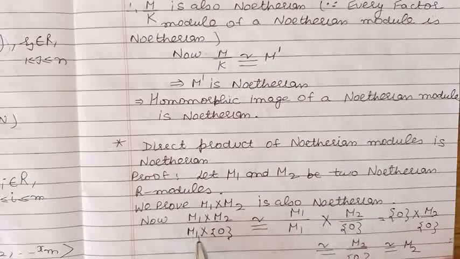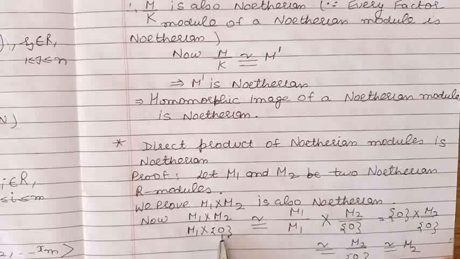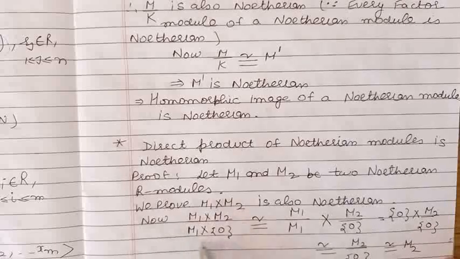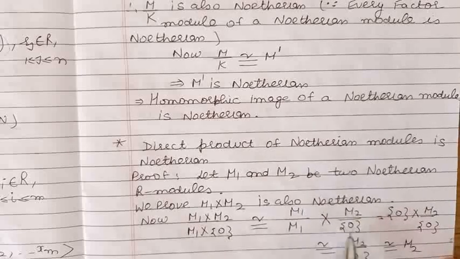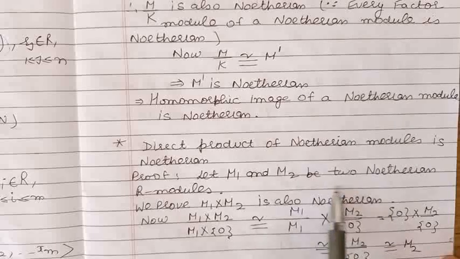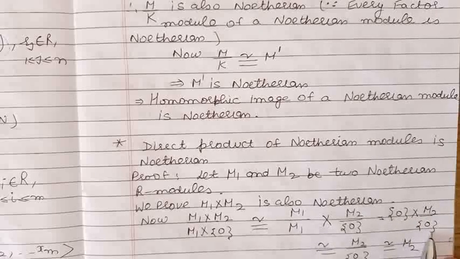Now, let us consider the factor module M1 cross M2 by M1 cross 0 module. We already discussed a theorem related to isomorphisms in the previous section, so I am using that theorem here. So this factor module is isomorphic to the product of the factor modules M1 by M1 and M2 by 0 module. Now this product can further be written as the 0 module cross M2 by 0 module.